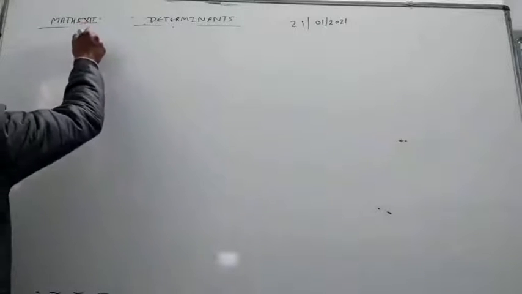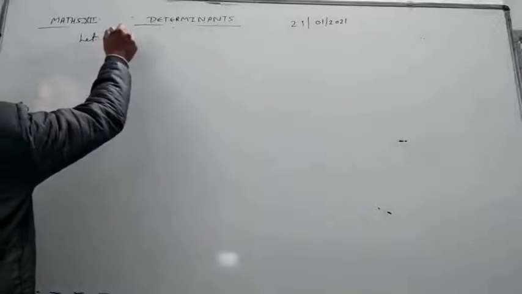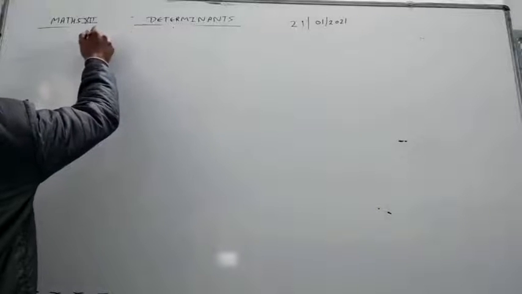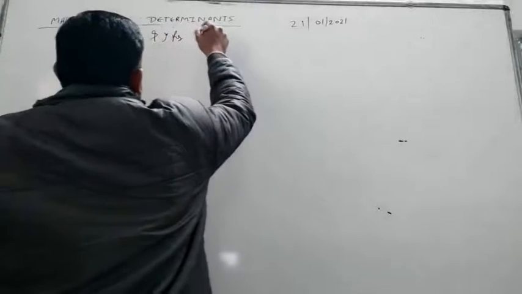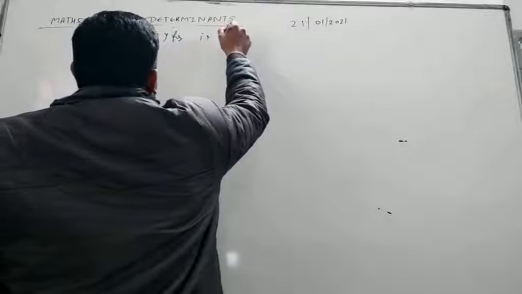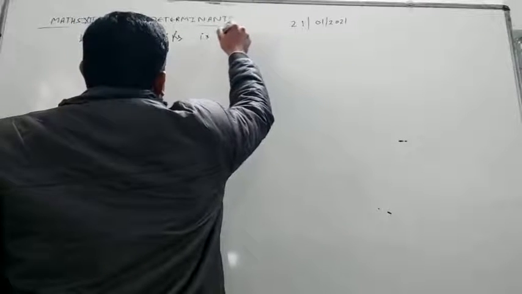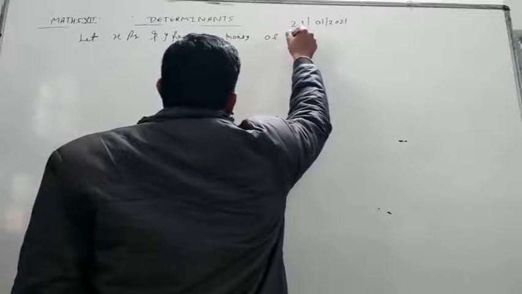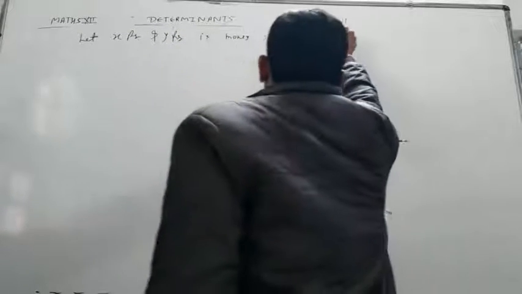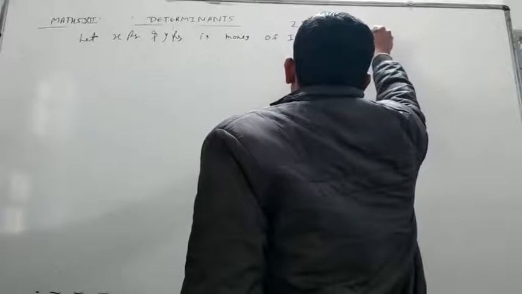Okay. So student, let X rupees and Y rupees be the money of the first and second bond.